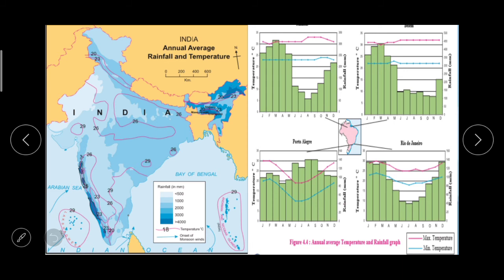Which region gets more than 4000 millimeter of rainfall? Identify the regions with maximum and minimum temperatures. In which direction is the temperature increasing? Identify the direction of the winds shown. What are they known as? Which winds are responsible for the rainfall in India?